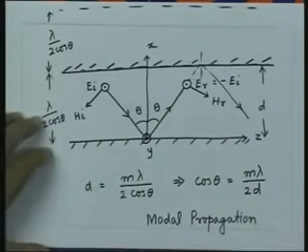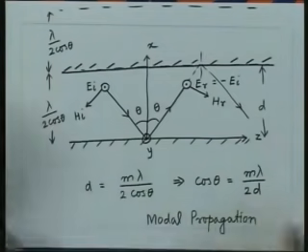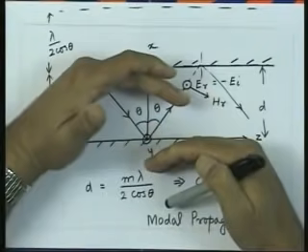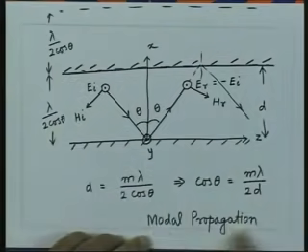So, this modal propagation essentially is the core of all waveguiding structures, whether you take a parallel plane waveguide or a rectangular waveguide or optical fibers or dielectric waveguides. Whenever we have a bound medium like this, the electromagnetic energy is going to travel in definite patterns, and that is what is called a modal pattern, and that propagation is modal propagation.